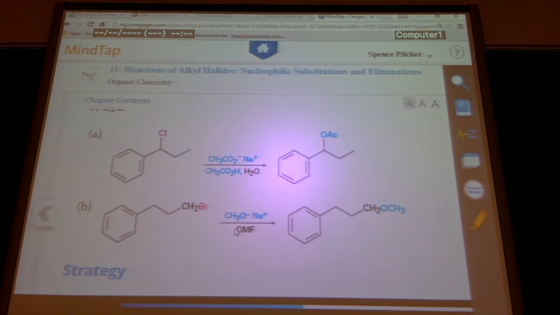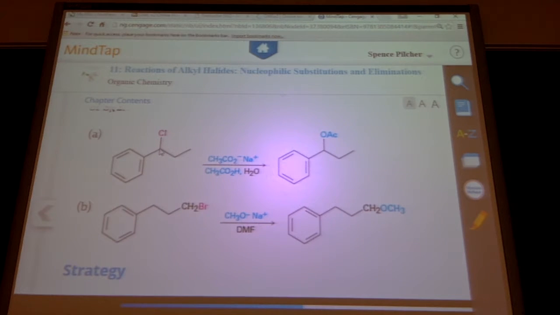If I look at these, both of them are substitutions, something substituting on. So here's my nucleophile. Remember, Ac just stands for CH3 C double bond O. So that's what this nucleophile is. The first thing I'm going to look at is the substitution of my substrate.